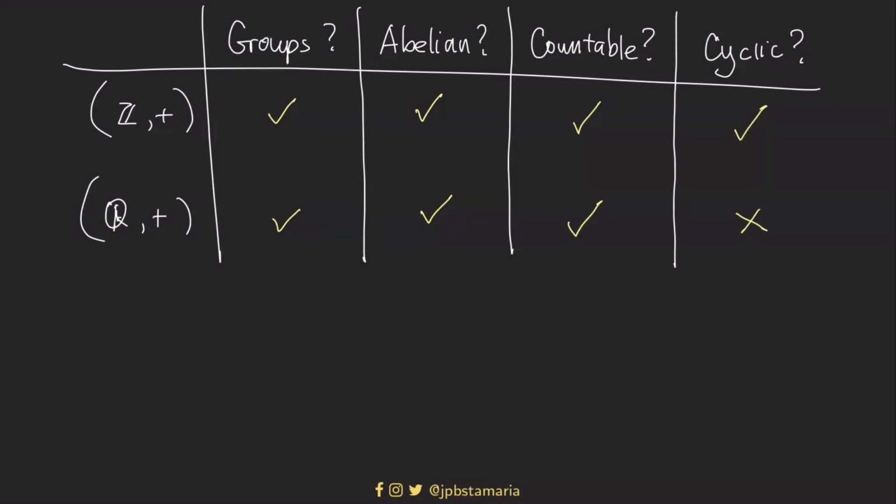So what does this show? This shows that Q plus as a group is not isomorphic to Z plus as a group. Although they are both abelian and countable as groups, but because one is cyclic, the other is not, hindi pa pwedeng sila ay isomorphic.